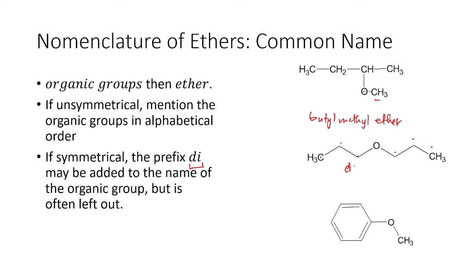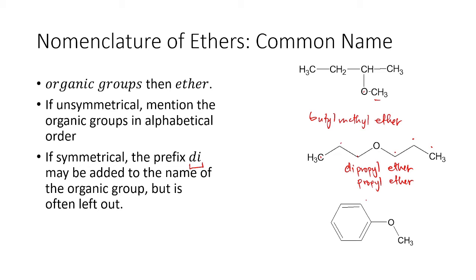So we can write that as dipropyl ether for its common name. But in some cases, we can actually drop the di. If we just write propyl ether, it means that on each side of the oxygen we have a propyl group, one for one side and one for the other. So, that is how we name our symmetrical ethers.